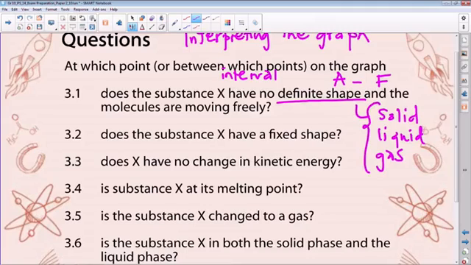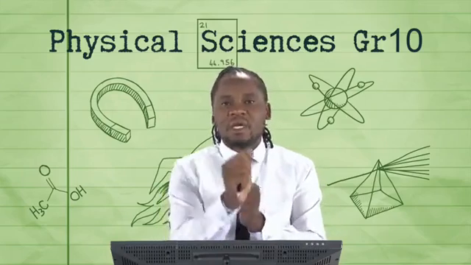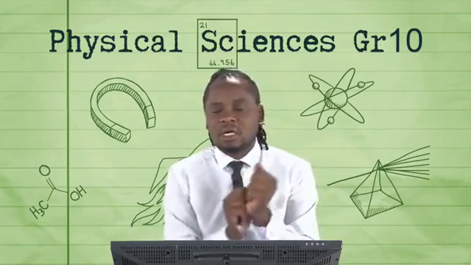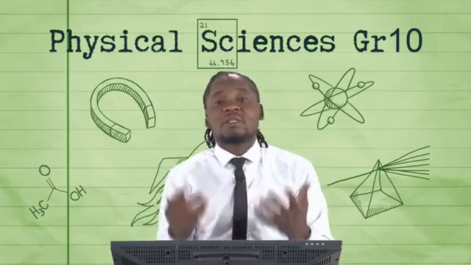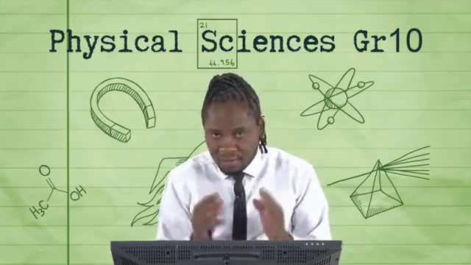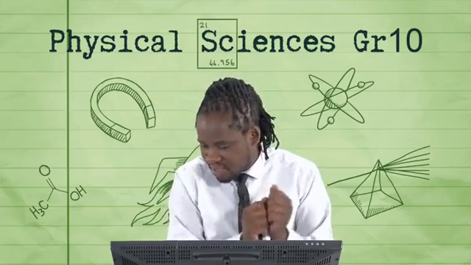You know that the only one that has got a definite shape in this case is a solid, right? So liquids and gases do not have a definite shape, in the sense that if you think of a liquid, we say the particles of a liquid tend to slide past each other, and that gives rise to the fact that it takes the shape of the container. Very, very important. But it has some form of kinetic energy which is greater than that of the solids.